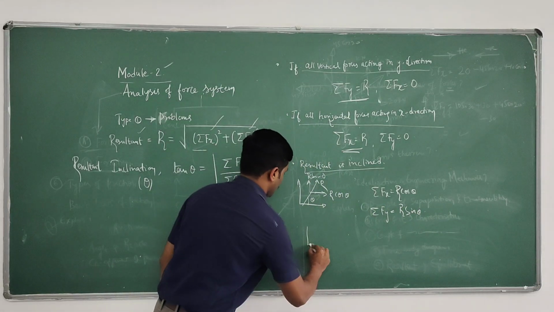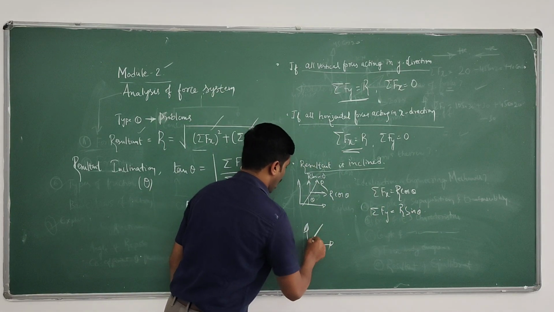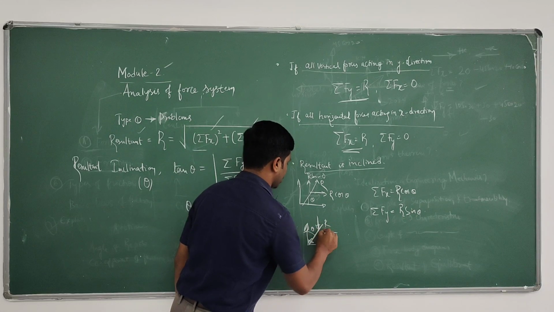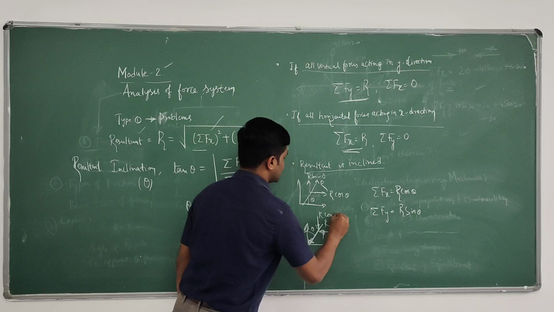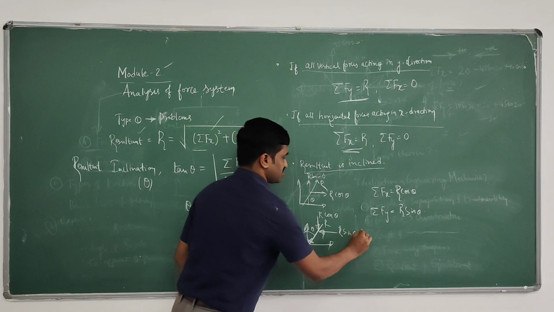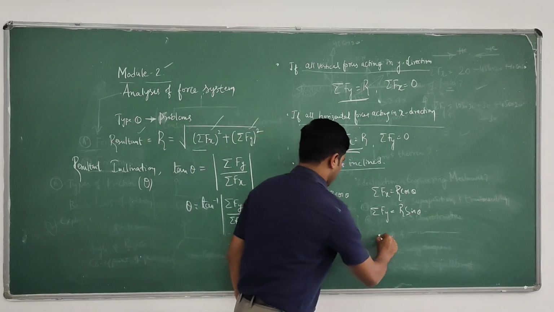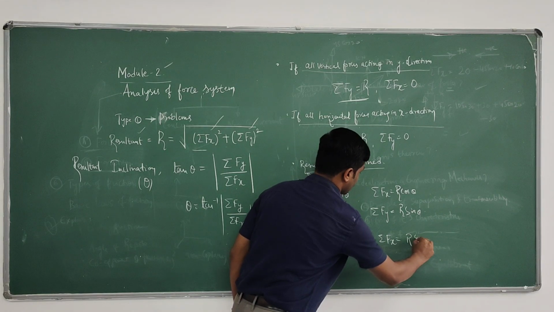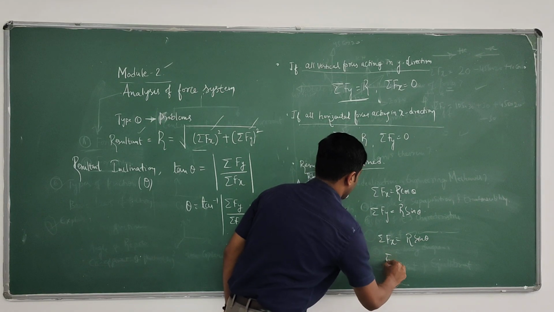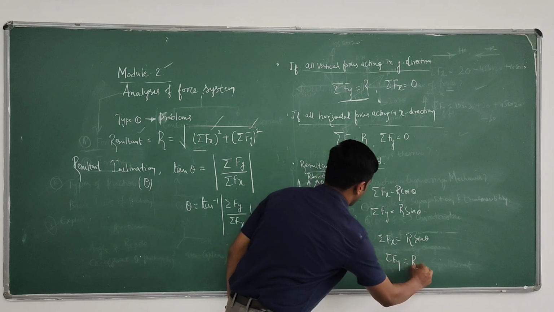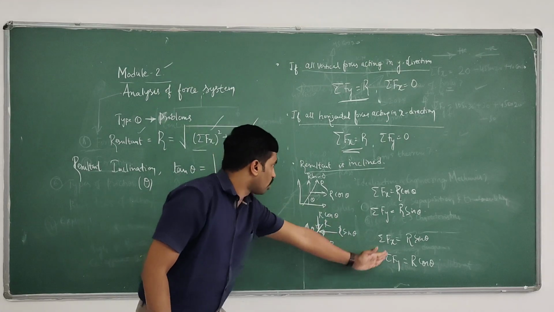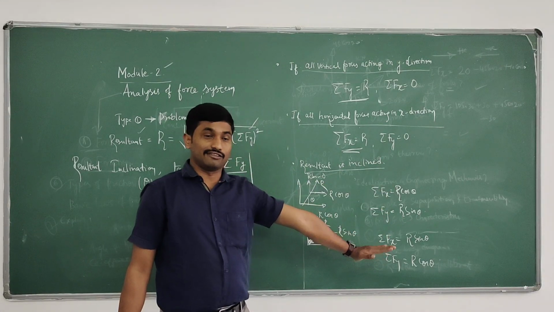If R has theta inclination with respect to the y-axis, the direction plays a role. Simple resolution: then sigma Fx equals R sin theta and sigma Fy equals R cos theta. It's very important. So these are resultant inclined cases.